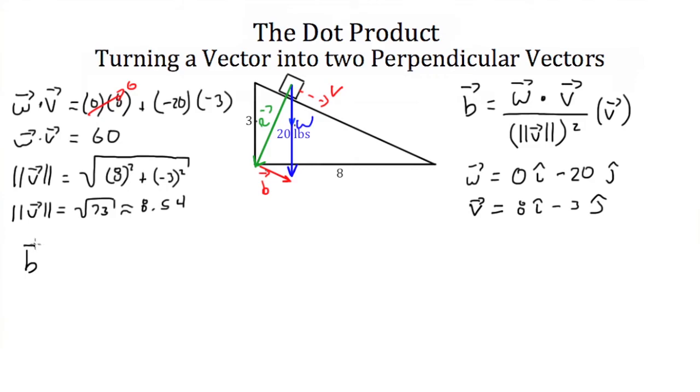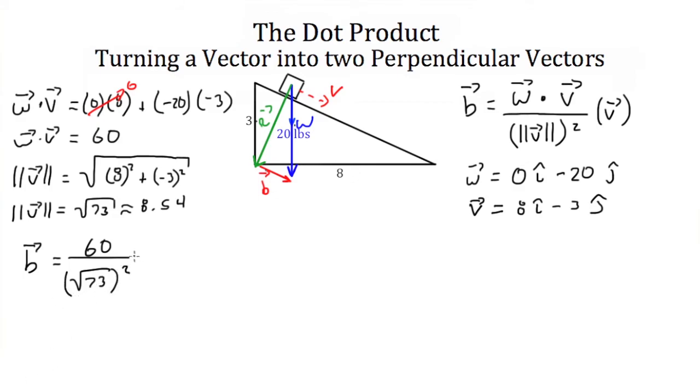B, which is the vector or the amount of our vector W that moves in the V direction or down the incline, that's equal to the dot product, which is 60, divided by the magnitude of our direction vector V, which is the square root of 73, and we're squaring that.